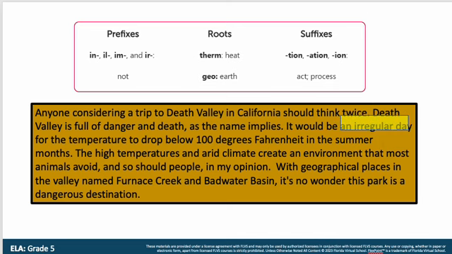I want us to look at the word geographical. I probably should have done that one. I grabbed the wrong one. Okay, and then finally, we're going to look at the word destination. So we have irregular, geographical, and destination. So go ahead and take a moment, pause the video, read it silently to yourself, and then we're going to talk about the meaning of some of these words and the prefixes, the roots, and the suffixes that make them up.